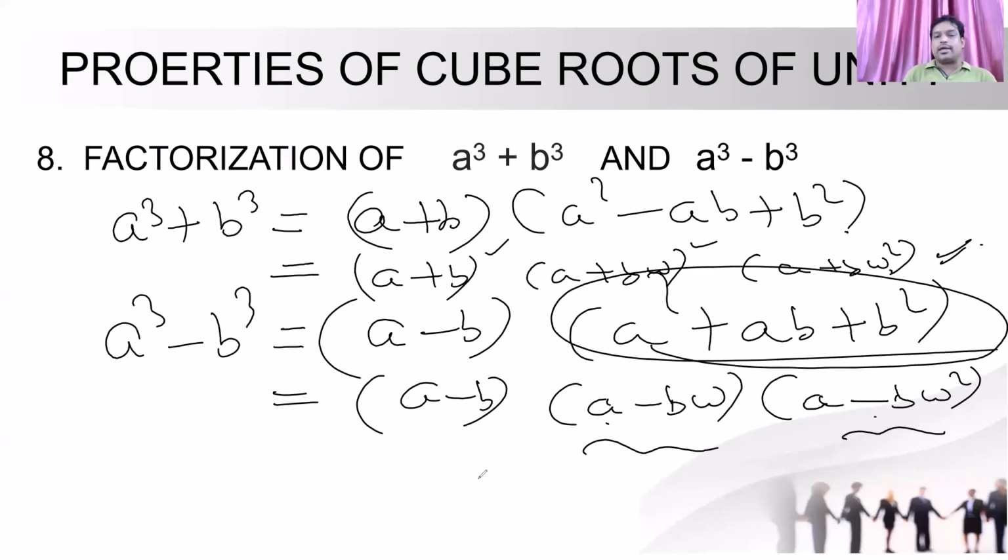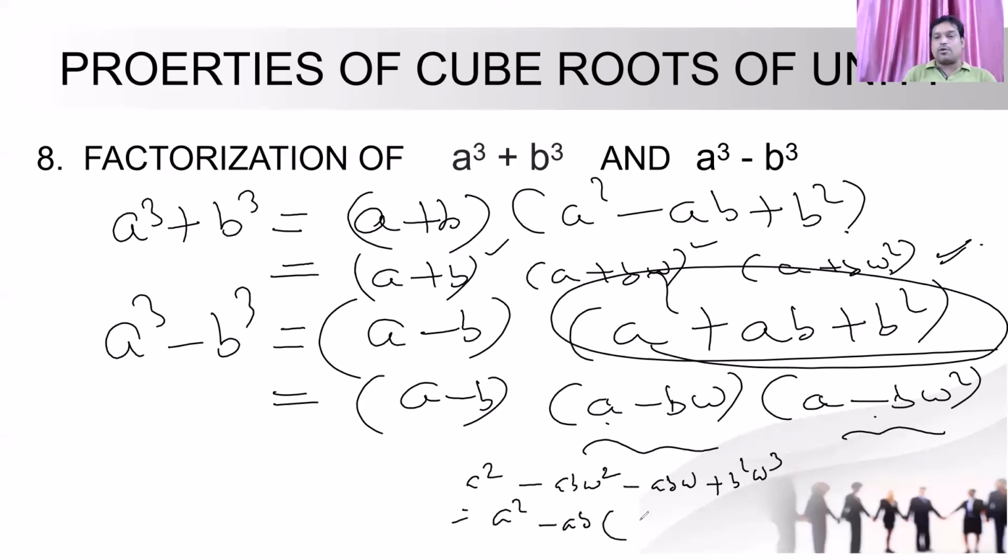So a into a square, a into minus b omega square, minus ab omega square, and minus b omega into a, minus ab omega. Minus b omega into minus b omega square, the multiplication is plus b square omega cube. So a square minus ab, we take common, omega square plus omega, plus b square, because omega cube is 1.